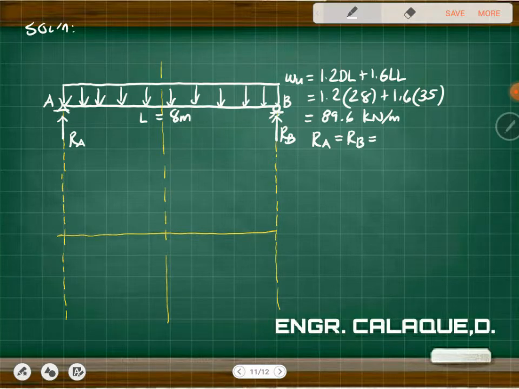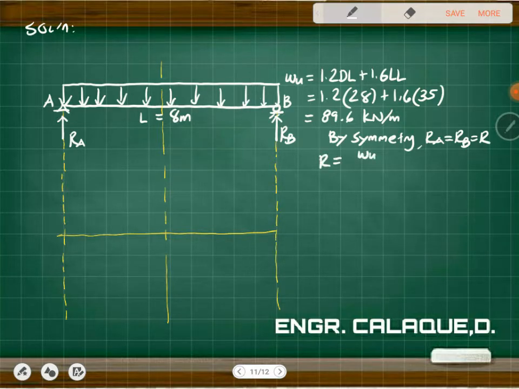Okay, so by symmetry, yung RA is just equals to RB equals to R. Assume ko na lang na R. So, yung R is just yung Wu times yung length natin divided by 2, no?